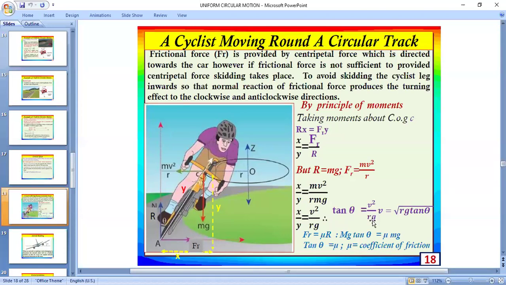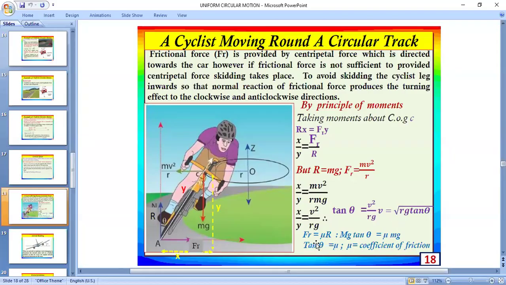Tan theta equals to opposite over adjacent. So opposite is V squared. Remember here we have remained with V squared, and adjacent is RG down here when we cancel M. So tan theta is V squared over RG. Therefore, V still gives us the root of RG tan theta, just like for the car. So this is the critical speed.